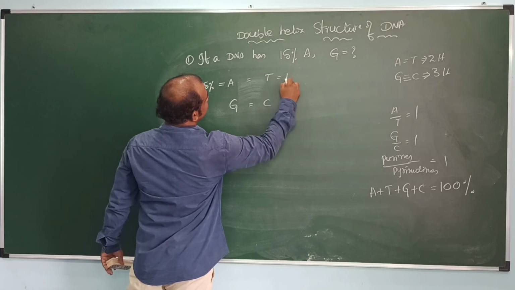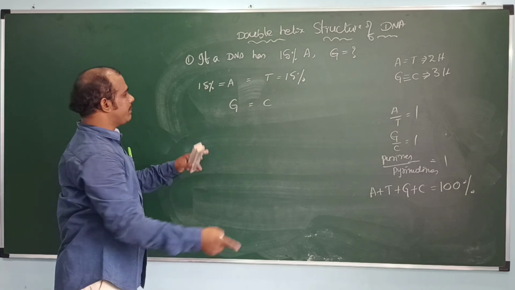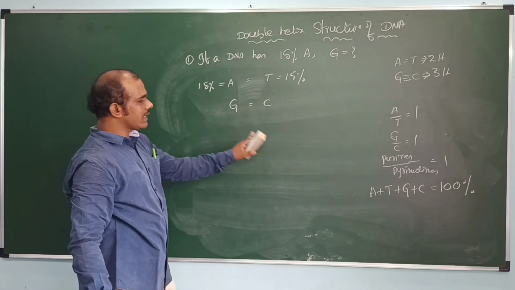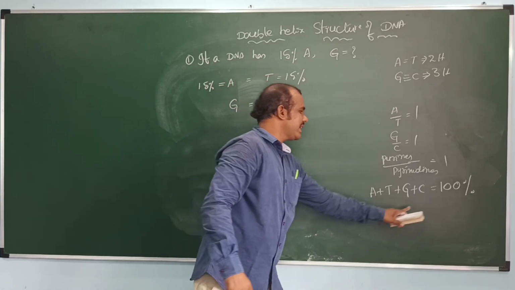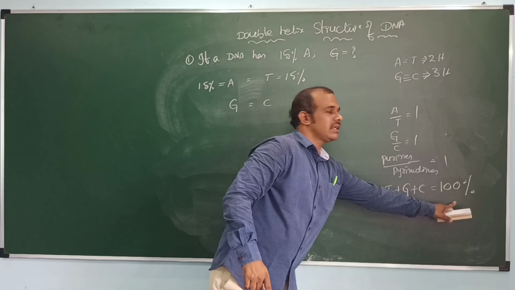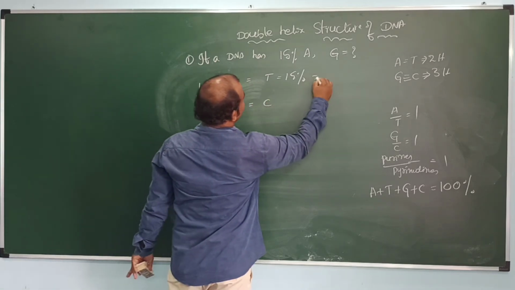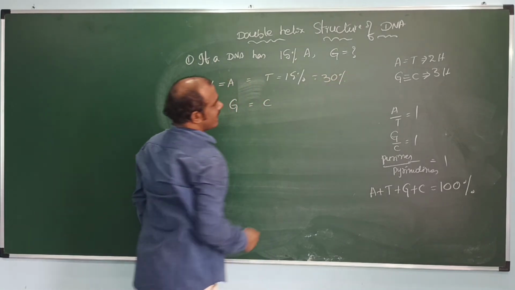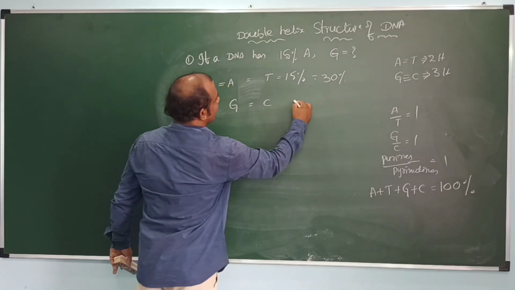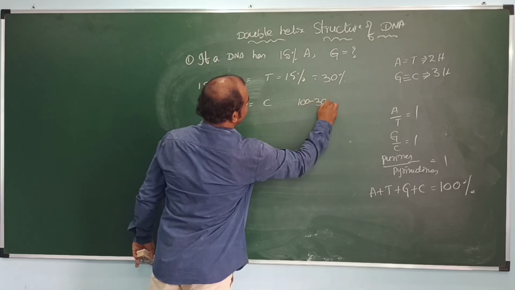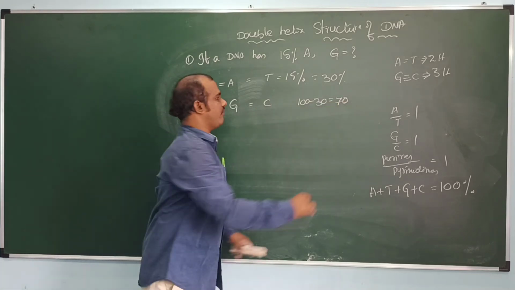Obviously the percentage of T will also be 15%. The remaining percentage belongs to G and C. According to Chargaff's rule, the total percentage of bases in a given DNA is considered as 100%. The total percentage of A and T is 30%, and the rest belongs to G and C. Subtract 30 from 100, that equals 70, which belongs to G and C, so half of that for each.